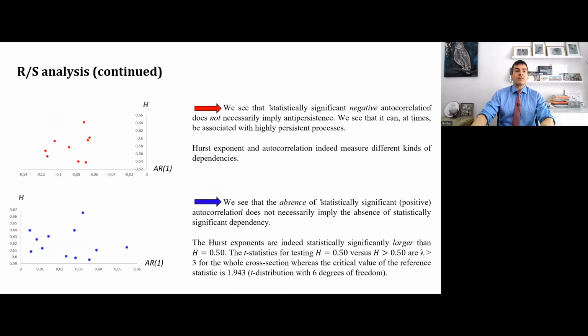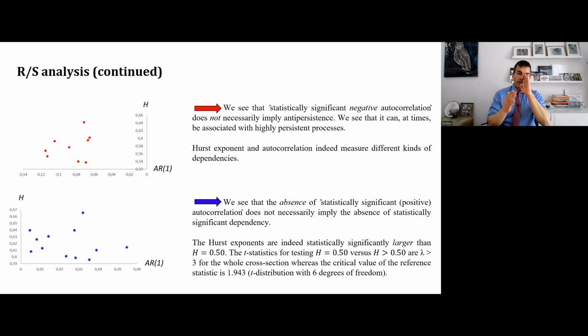And this is what we can see here in the upper part. The negative autocorrelations vary between minus 0.06 and minus 0.12, whereas the estimated Hurst exponents vary between 0.53 and 0.65, roughly.